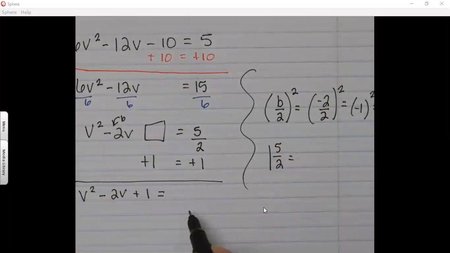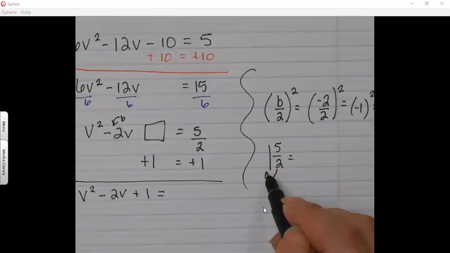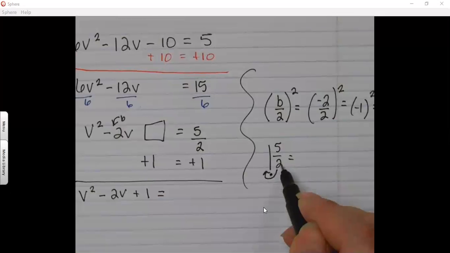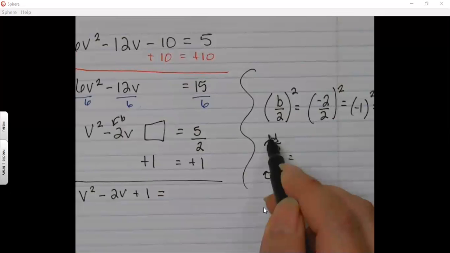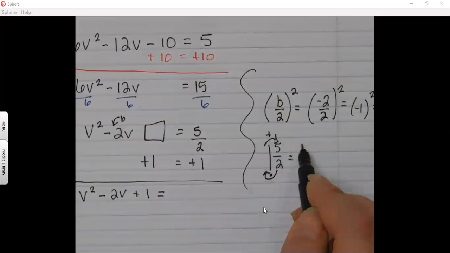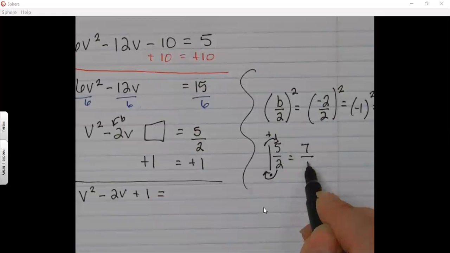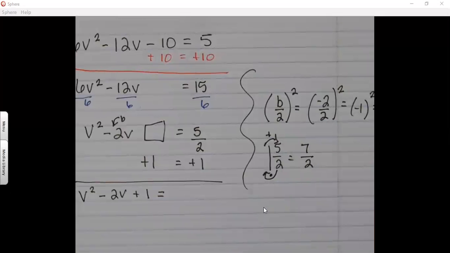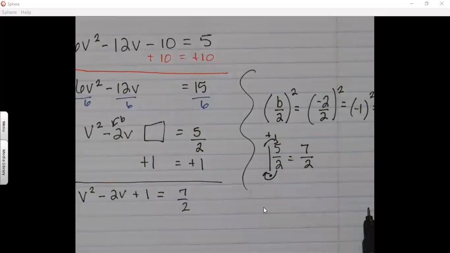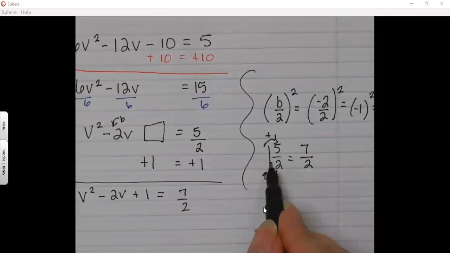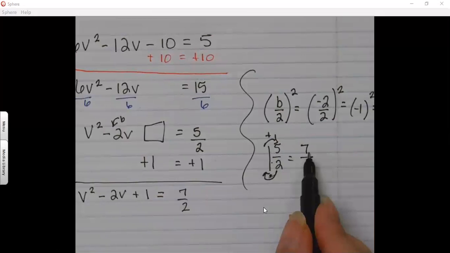You got to know how to do that. 2 times 1 is 2, 2 plus 5 is 7, and you leave the 2 as it is. 7/2. 2 times 1 is 2, plus 5 is 7, denominator stays the same. Okay?